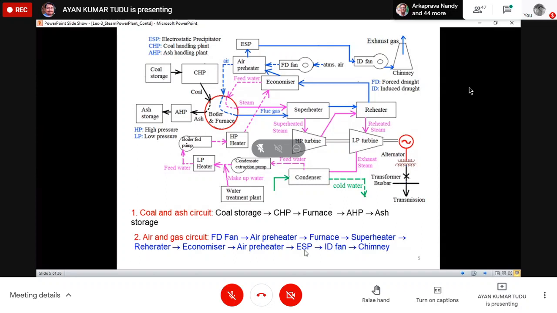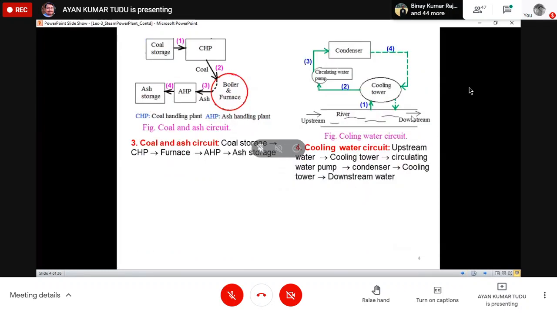Now one thing we can also say about this condenser, about the cooling water circuit, is that the cooling water supply to the condenser is needed to maintain a low back pressure by condensing all the steam that enters here.